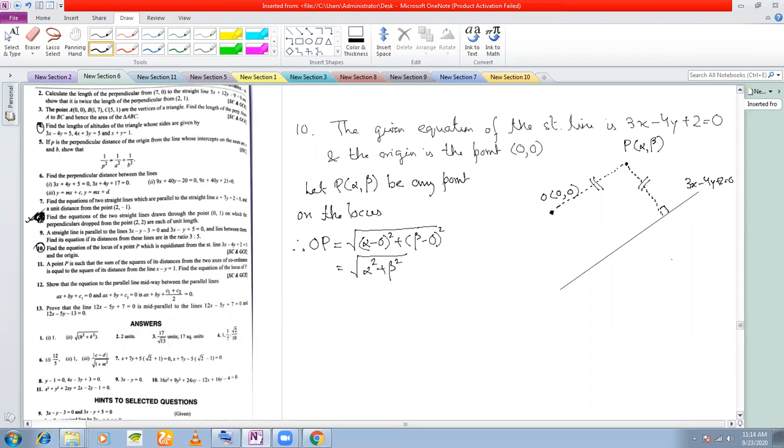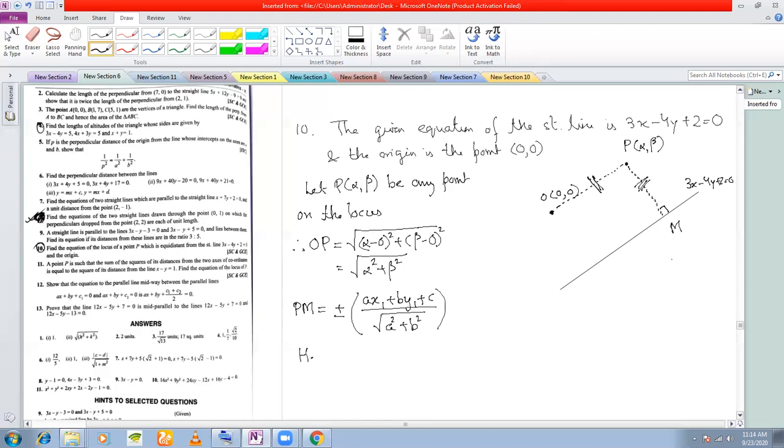And how does this point move? It moves such that this distance OP is always equal to this distance PM. Let us now proceed to find the distance PM. PM here is plus or minus (A x1 plus B y1 plus C) by the square root of A square plus B square.